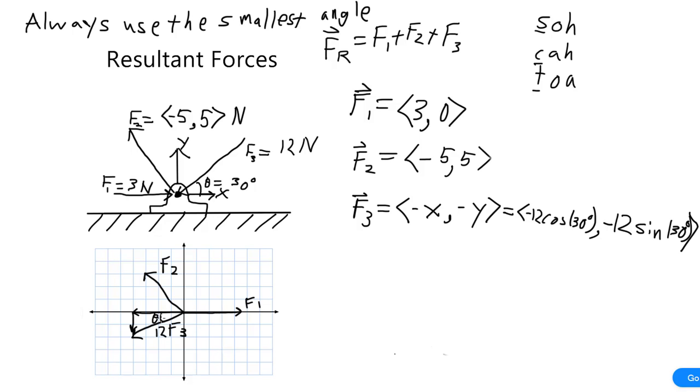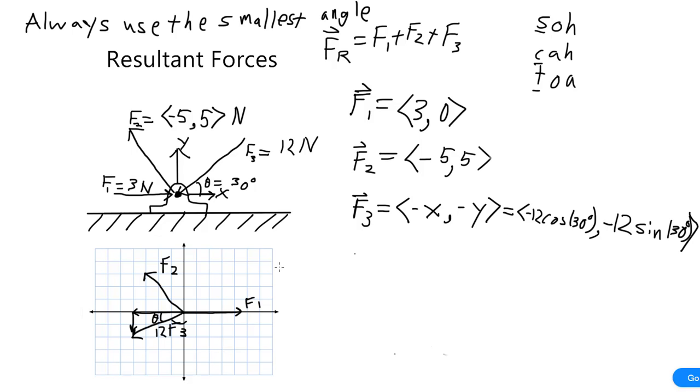Another thing I want to point out is that technically we could have used this angle. This angle is just 60 degrees. As you remember from trig, cosine is with the x and sine is with the y. I guess you see that with Calc 2 and Calc 3 a little bit.